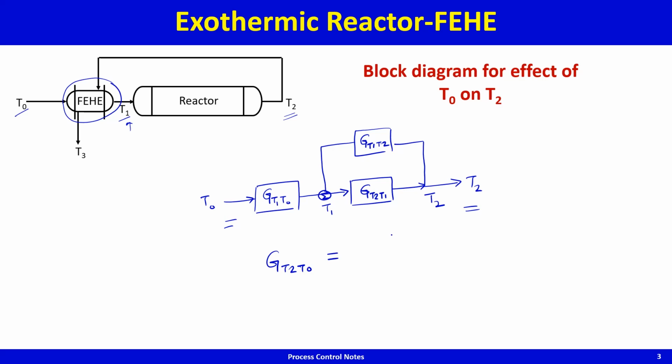Forward path is G T1 T naught times G T2 T1, divided by 1 minus whatever is in the feedback path. So feedback path is G T2 T1 times G T1.